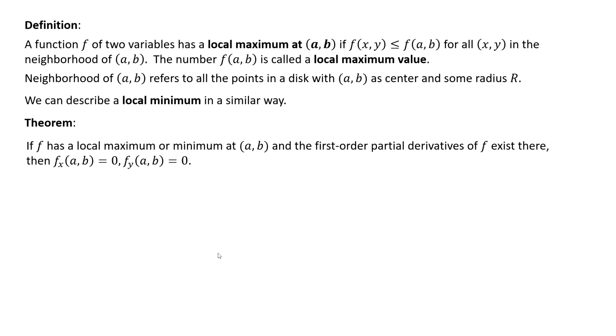Based on this theorem, if the partial derivatives with respect to x and with respect to y happen to be 0 at a certain point, can we say, yep, you're guaranteed to have a local maximum or local minimum at (a, b)? Is that what the theorem is saying? The answer is an emphatic no.